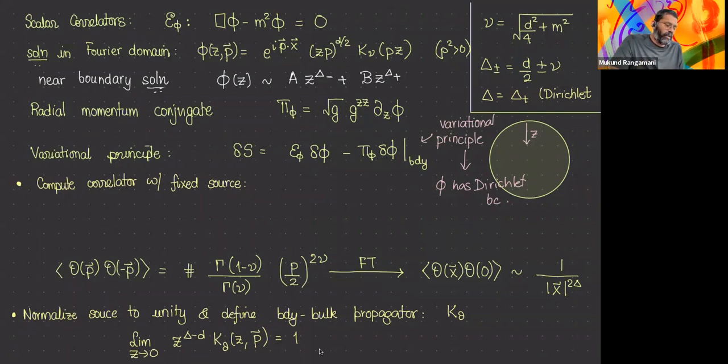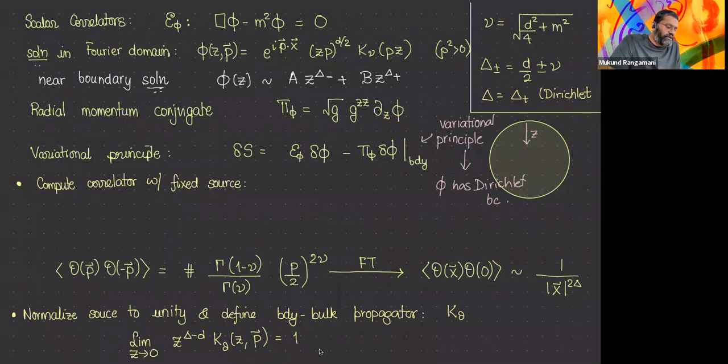I now need to ask, which part of the field do I need to freeze? This is where the Euclidean problem is much nicer, because the Euclidean geometry is topologically a ball. So the solution needs to be regular everywhere inside the ball. This is a second order differential equation, and I want my solution to behave smoothly at the origin.